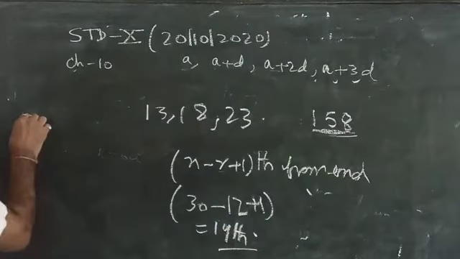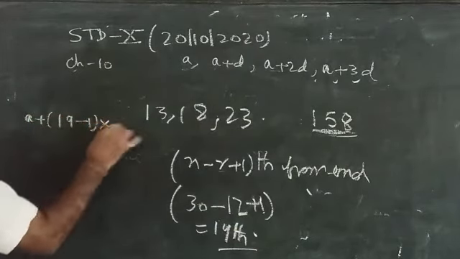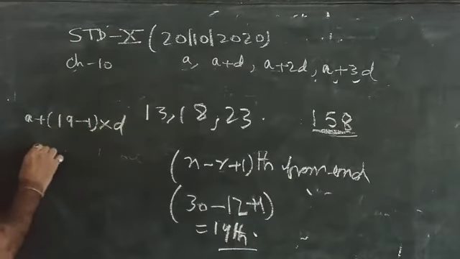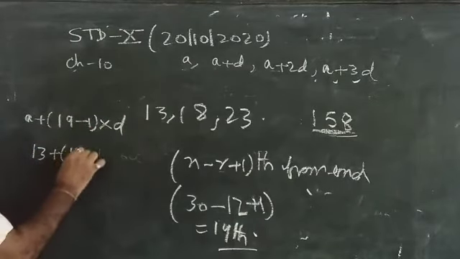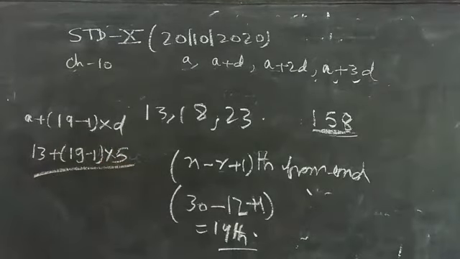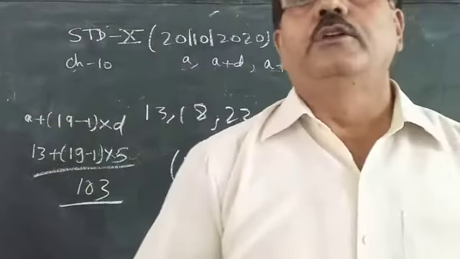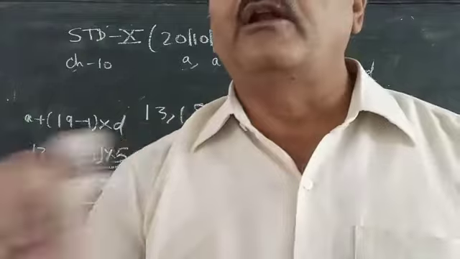So what is the 19th term? a plus 19 minus 1 into d. a is 13 plus 19 minus 1, d is 5. This value is 103. This is our answer. So first of all, what you have to do? You have to find the total number of terms.